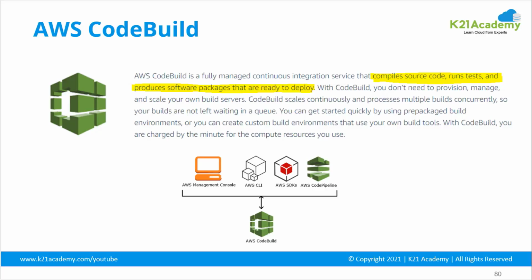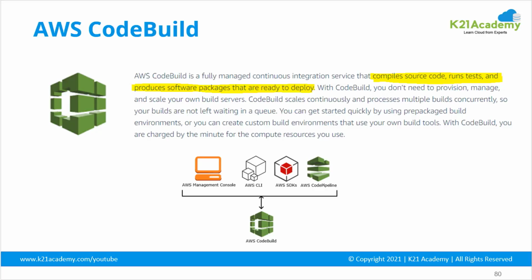So with CodeBuild, you don't need to provision, manage, and scale your own build servers. You can use the CodeBuild tool basically as a build server. CodeBuild can be managed through the AWS Management Console, CLI, or SDK, or you can invoke it from CodePipeline. We'll see what that pipeline is in a minute.